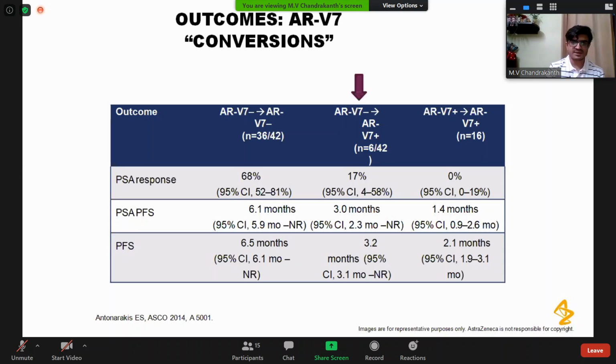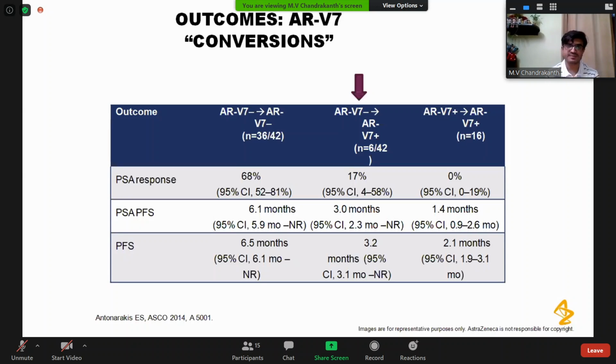So again, the same thing is what we are saying. The ARV7 negative. So initially it was ARV7 negative, later also ARV7 negative. On that occasion, androgen endocrine therapies do better. You can see the PSA PFS of 6.1 months. The moment there is an acquired mutation, the PSA PFS comes down to 3 months.